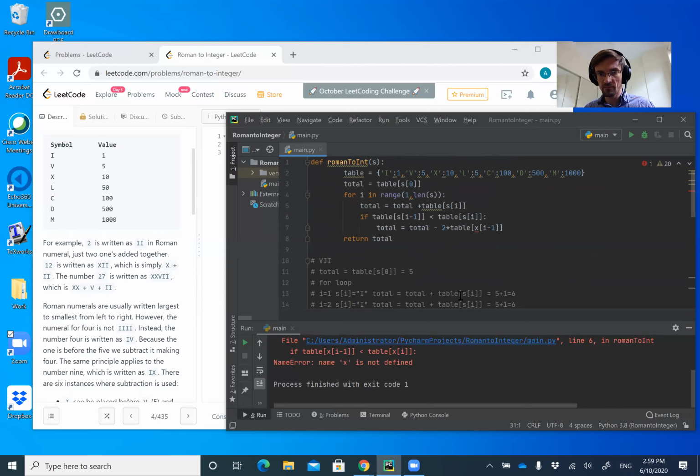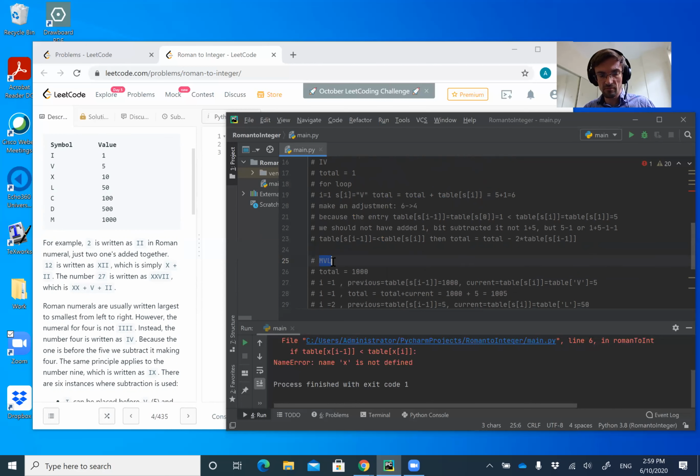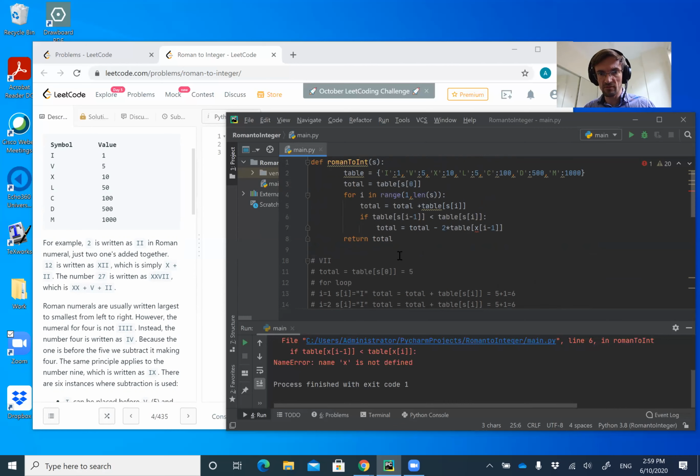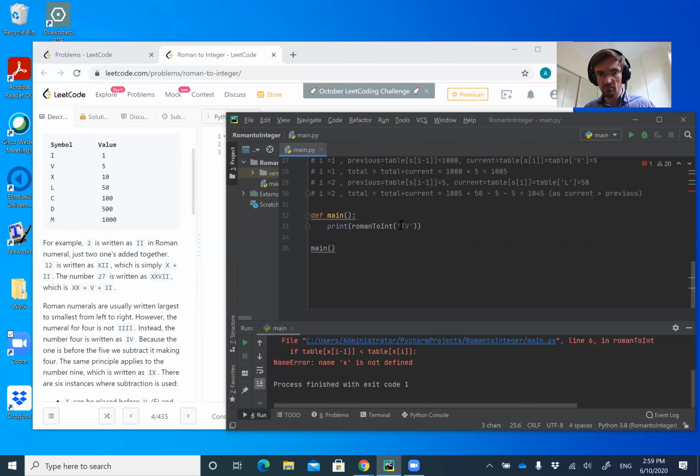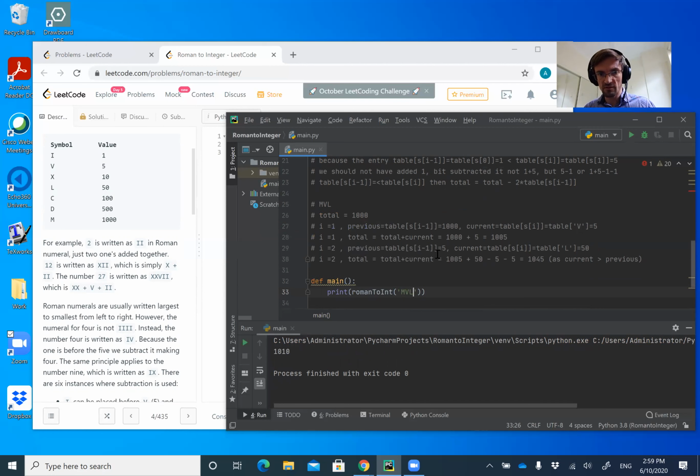Okay, so maybe let's just try to run it and see how it runs on this example. So it doesn't give 45, does it?